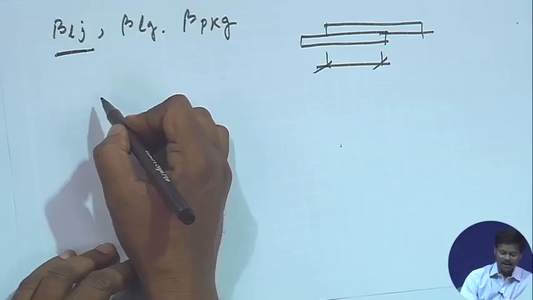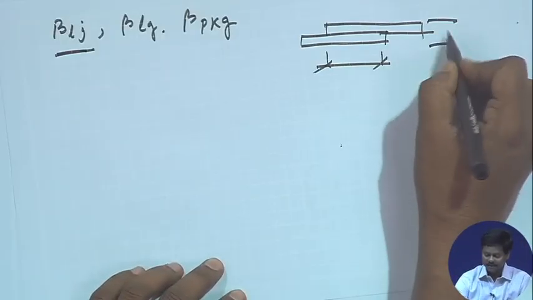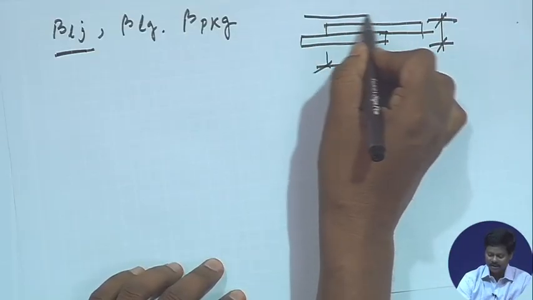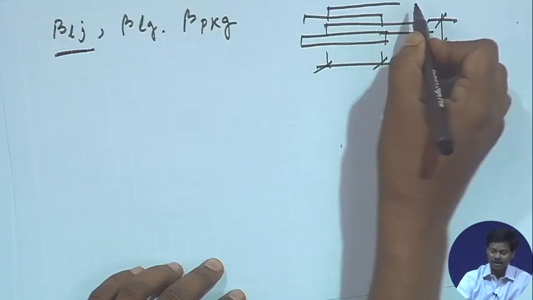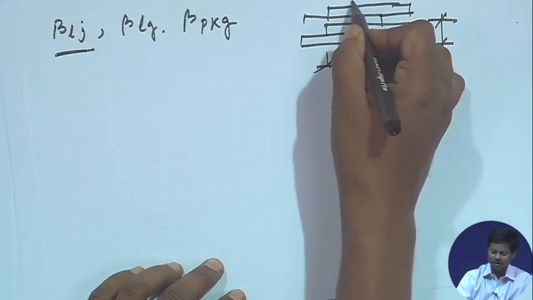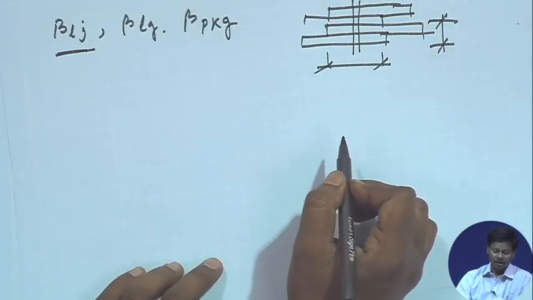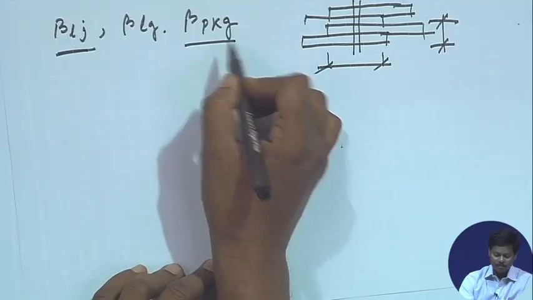Similarly, beta_lg is the reduction factor due to large grip length. If the grip length is large, that means the plate thickness is high or several plates are given, then grip length increases. Say suppose I am increasing the number of plates and joining with a bolt. So, if grip length is more, then we have to multiply a factor which is called the reduction factor for large grip lengths, and also beta_pkg.